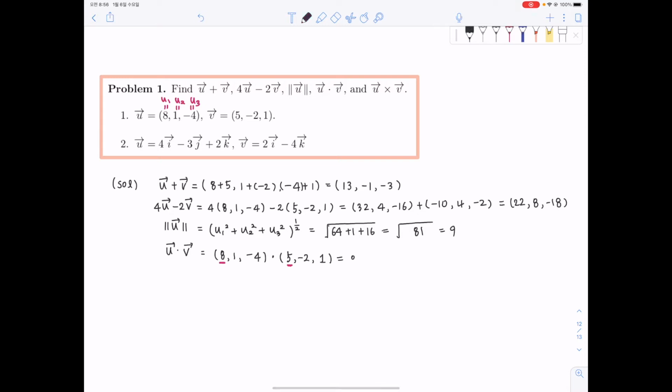First, 8 times 5, plus the second one, 1 times minus 2, plus the last one, minus 4 times 1. So minus 4 times 1. Okay, so it is 40 minus 2 and minus 4, so it is 34.